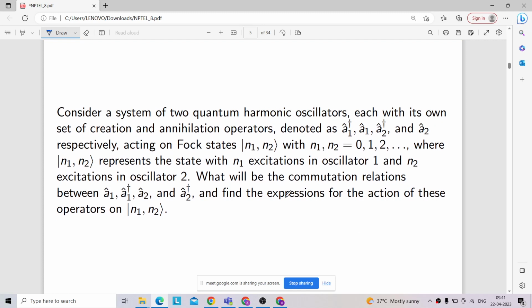So the next question says, consider a system of two quantum harmonic oscillators, each with its own set of creation and annihilation operators.